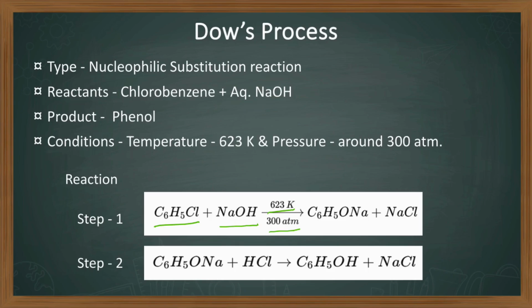For this reaction, such a high pressure is needed. In the first step, the chlorobenzene is converted to sodium phenoxide. In the second step, this phenoxide is neutralized or acidified with hydrogen chloride to get phenol. It is not only a laboratory process, it's an industrial process for the manufacturing of phenol. It's a very important commercial process.